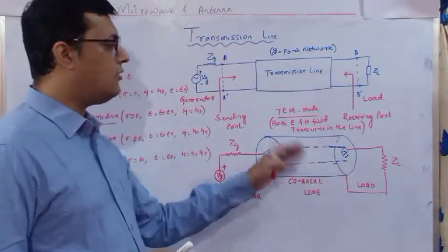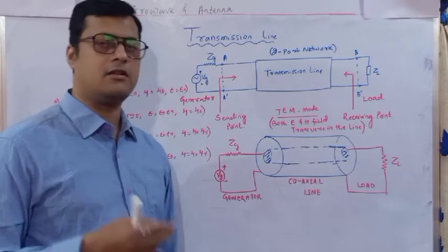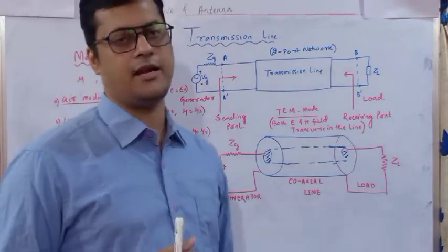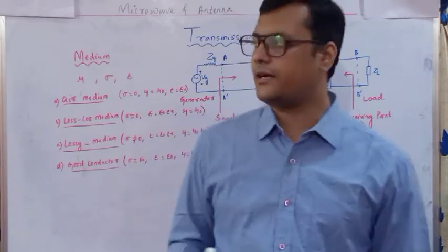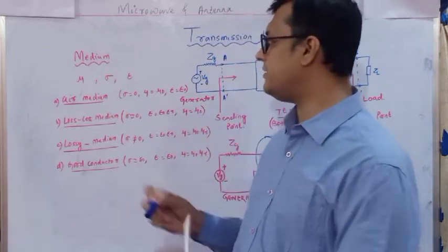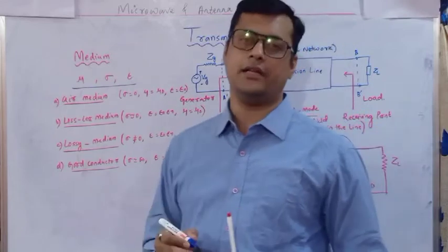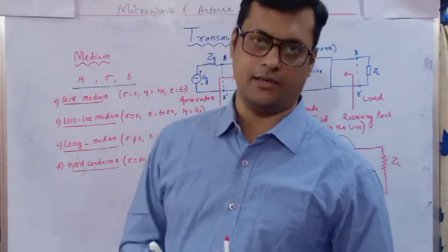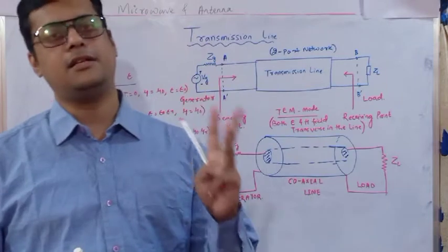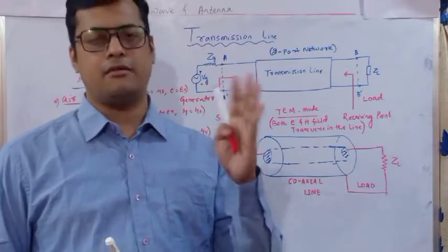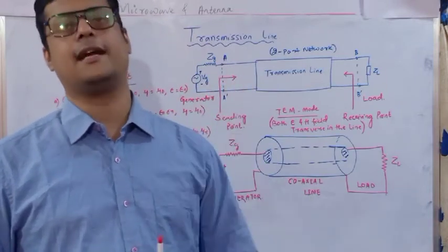Now, how to identify those mediums, what are the characteristics and features behind that medium? The medium is identified with the help of these parameters: permeability, permittivity, and conductivity of a medium.